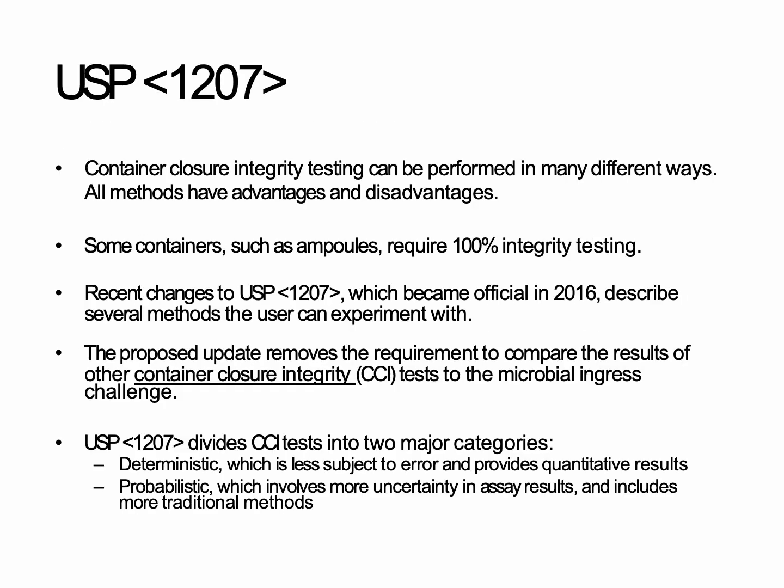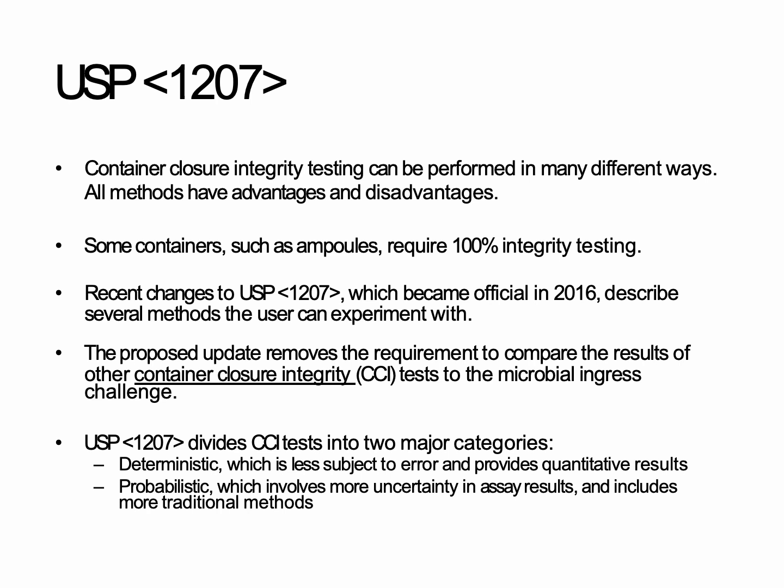Now, when we refer to USP 1207, it stipulates that container closure integrity testing can be performed in many different ways. All methods have advantages and disadvantages. Some containers, such as ampoules, require 100% integrity testing.